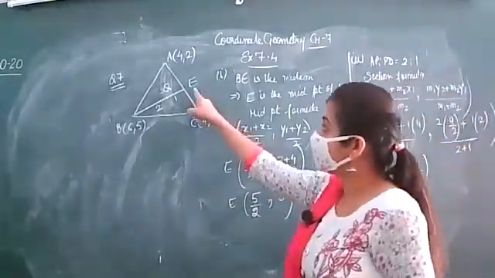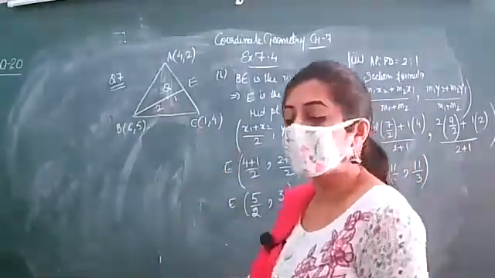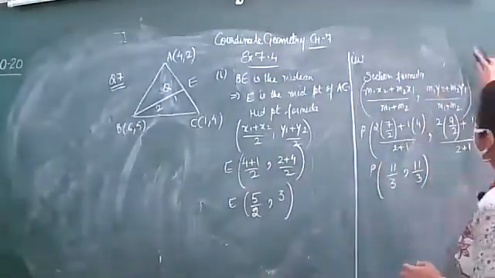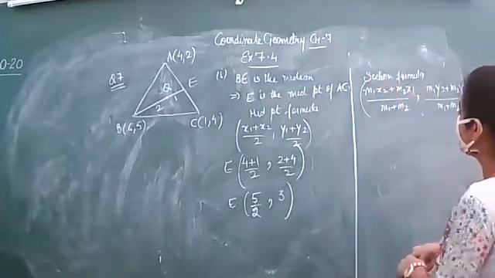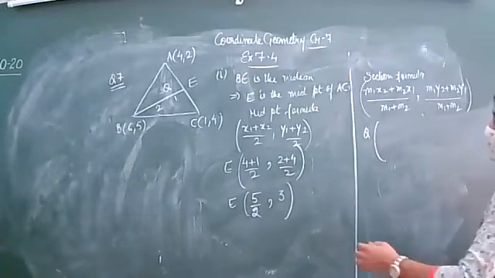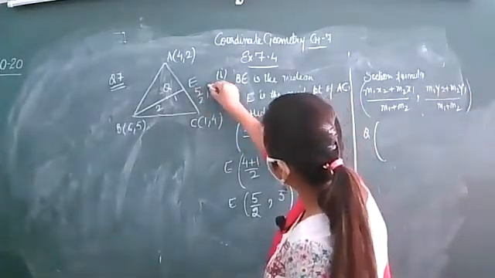After getting the coordinate of E, let's find the coordinate of Q by the section formula. This point is your 5 by 2 and 3.